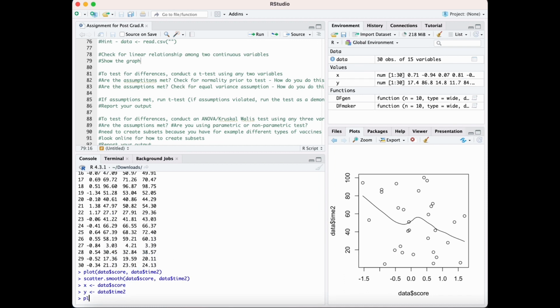So then from here we can create a scatter plot. YLab.